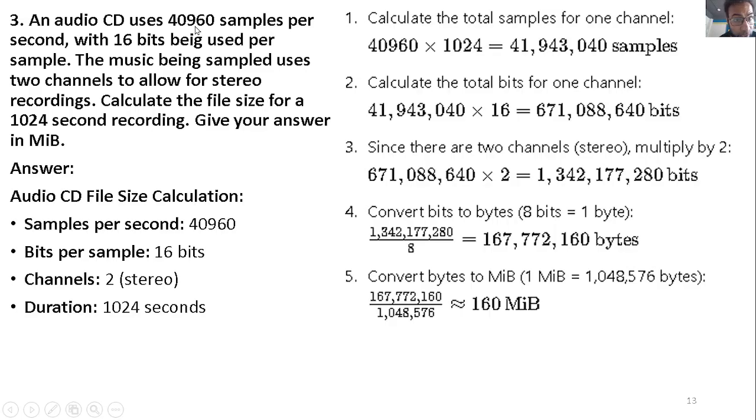We are taking 40960 samples per second, and when we multiply it by the total duration of the recording, we get this number of samples.